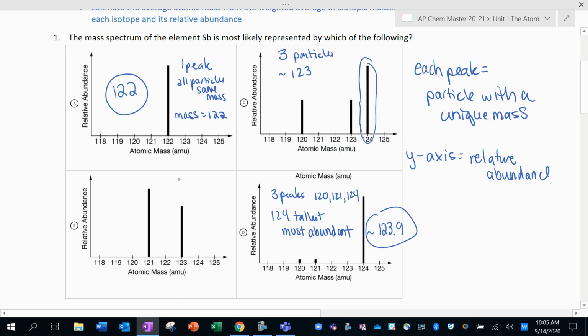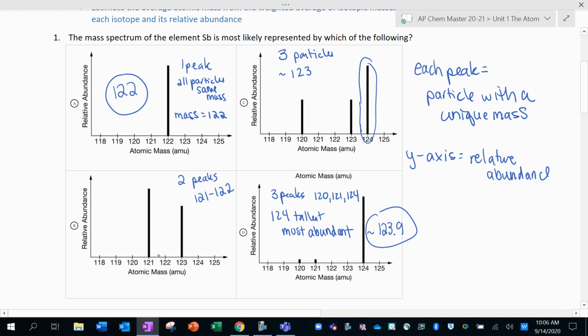Over here, there are 2 different types of particles, 2 peaks, and most of them are 121, but a lot of them are 123. So I'm going to guess that the average mass here is going to be somewhere between 121 and 122. It's closer to 121, but somewhere in between these 2 values.